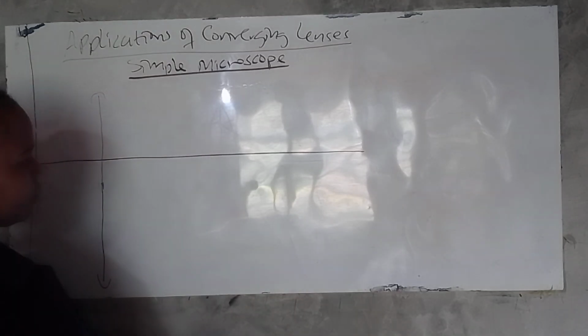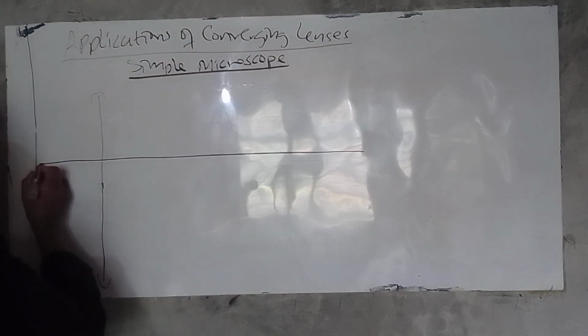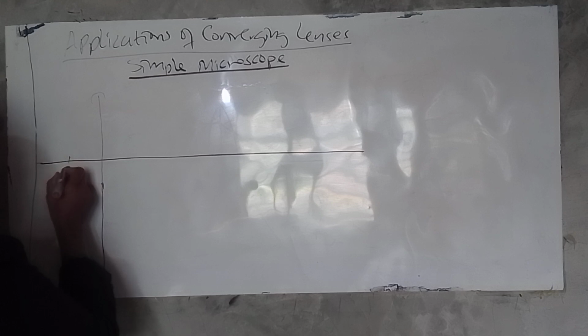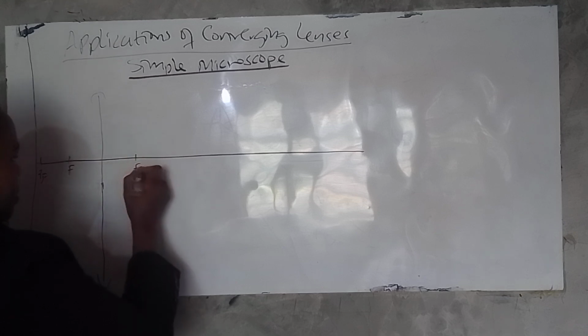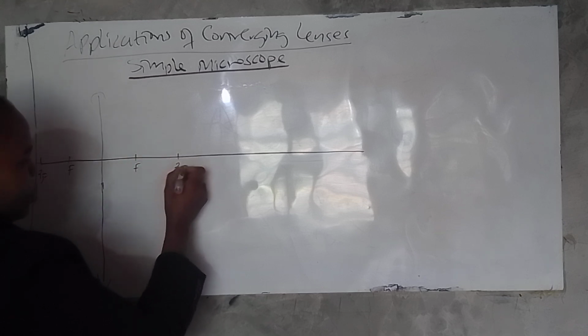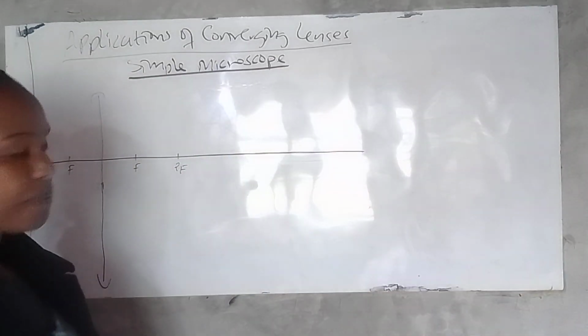Okay. So we know by now we have F, we have 2F. Then we have F, and we have 2F. Now we understand these terms. We are not new with them.